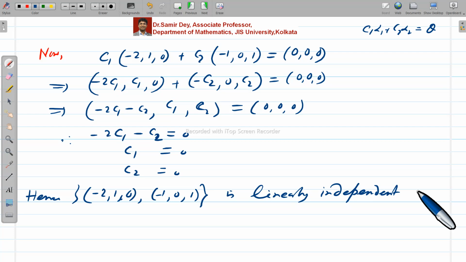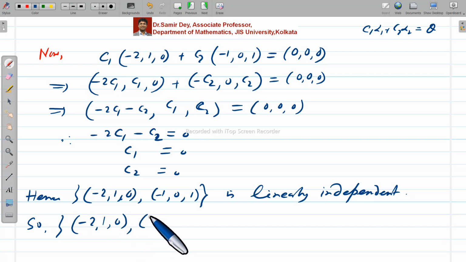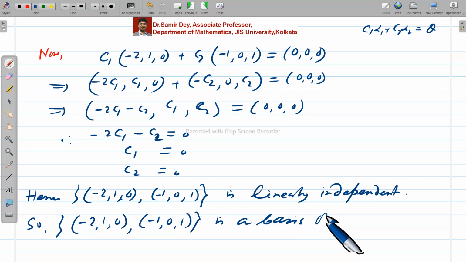So already you have proved the linear combination can be expressed, as well as you have proved linear independence. So -2 1 0 and -1 0 1 is a basis of the given subspace.